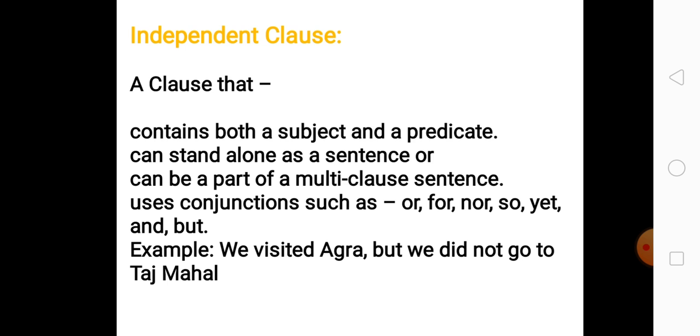These are two sentences containing independent clauses. They can be joined by using a conjunction: We visited Agra but we did not go to Taj Mahal. We also call an independent clause a main clause or principal clause. These are other names of the independent clause.